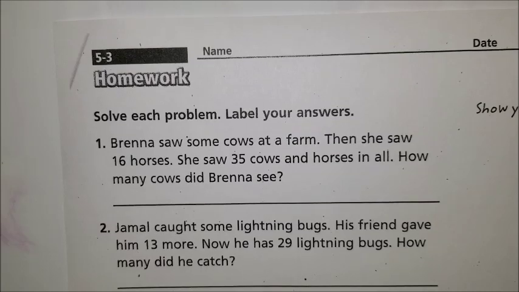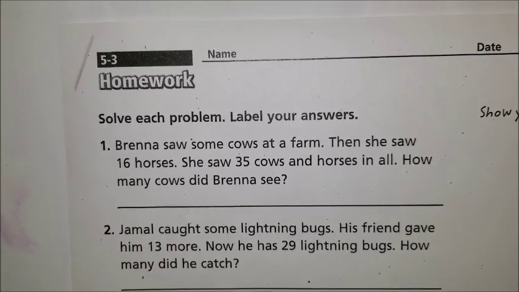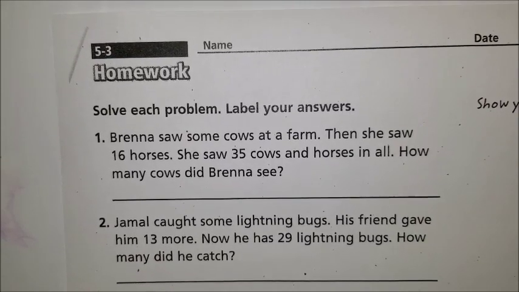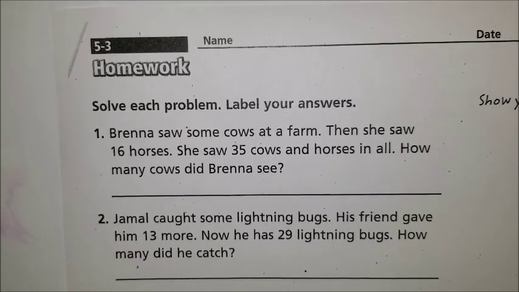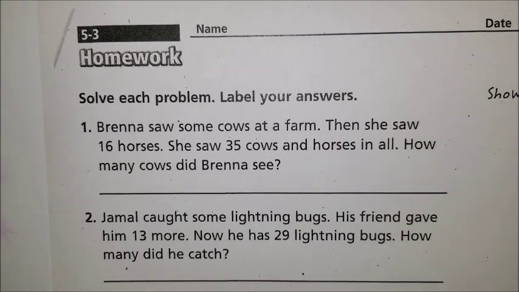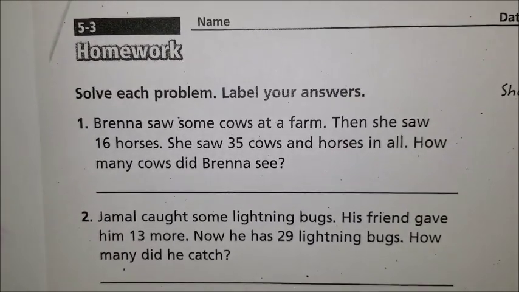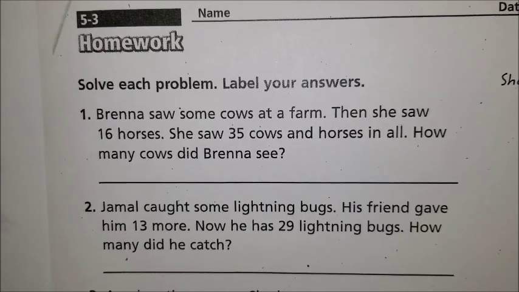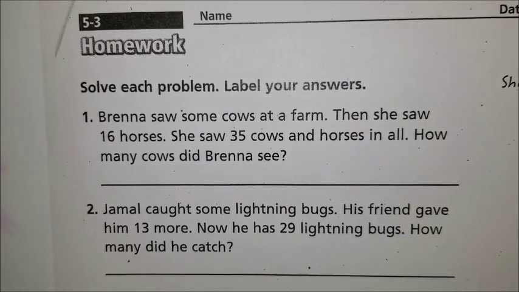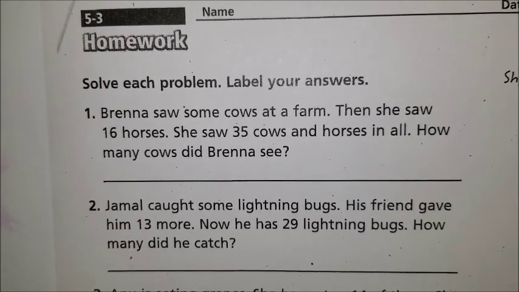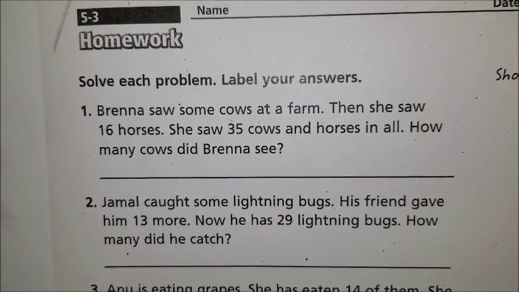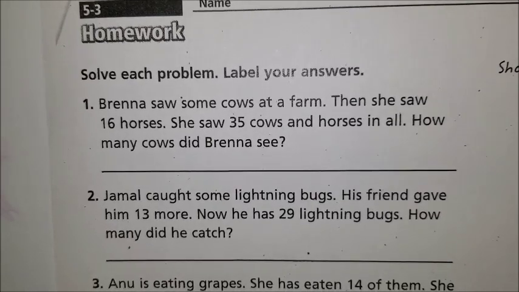Now let's take a look at a story problem where we will be able to use our knowledge of fact families and related addition and subtraction equations. Brenna saw some cows at a farm. Then she saw 16 horses. She saw 35 cows and horses in all.